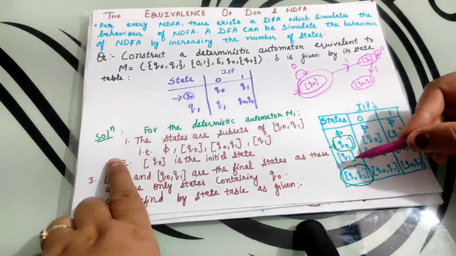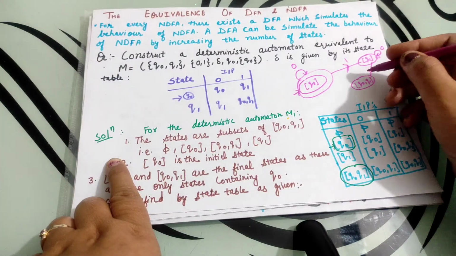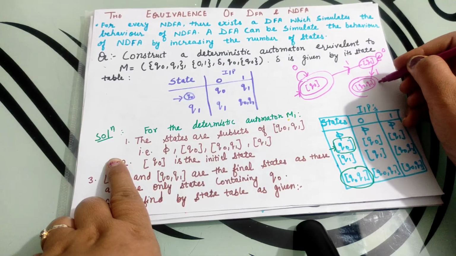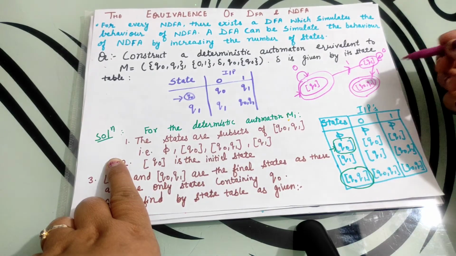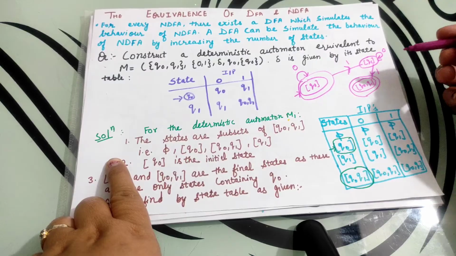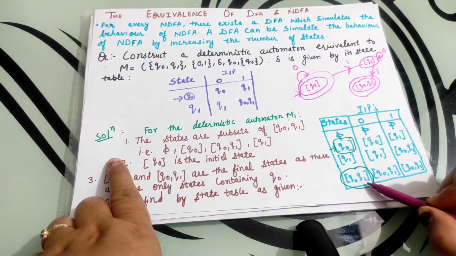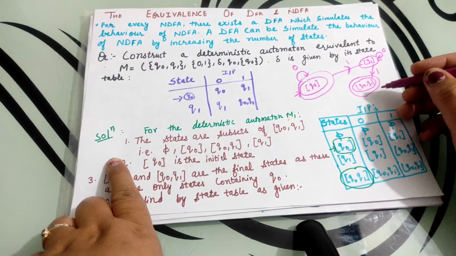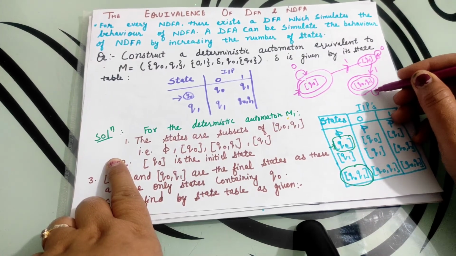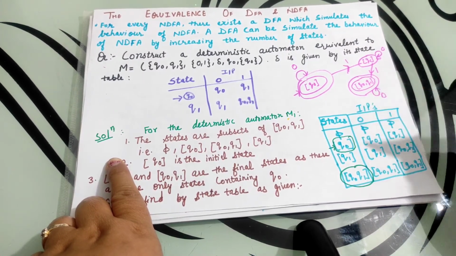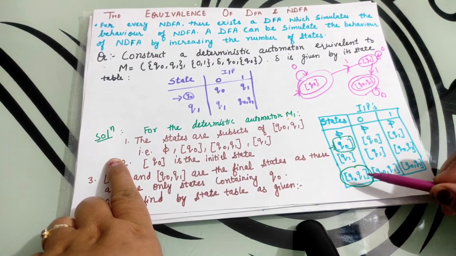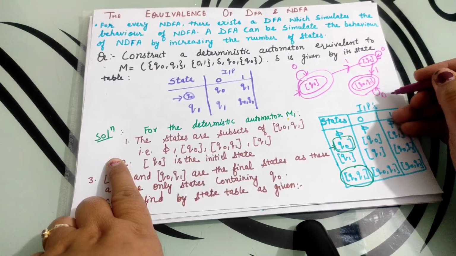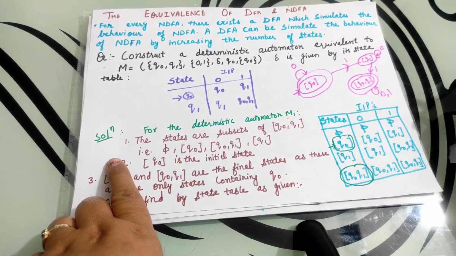Now as shown within the transition table, this state also behaves like a final state. So show it with the concentric circle. Now check for Q0, Q1. When we provide the zero input at Q0, Q1, it comes to itself. So write like this. Now check for the one input. When we provide 1 at Q0, Q1, the next state is again the same. So write it with the comma.